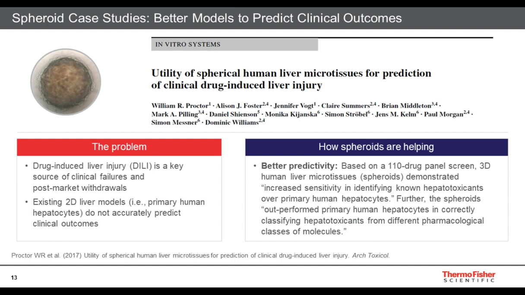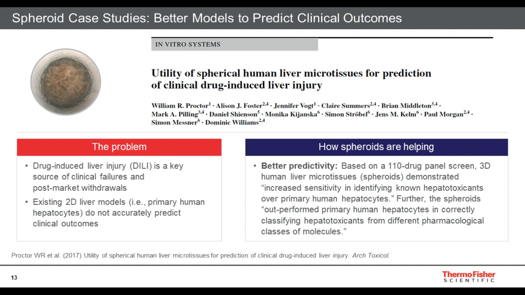And I just wanted to highlight this. This is actually work from a paper from a couple of years ago from Will Proctor and Allison Foster. And what they were doing was trying to systematically look at whether what they called hepatic microtissues, these are actually hepatic spheroids, or again, I think our definitions of spheroids or 3D structures, we should probably be generous in how we're using it.